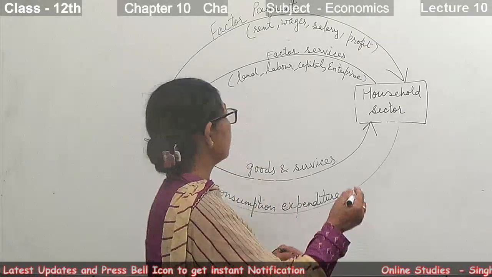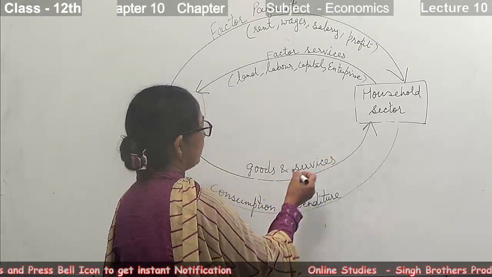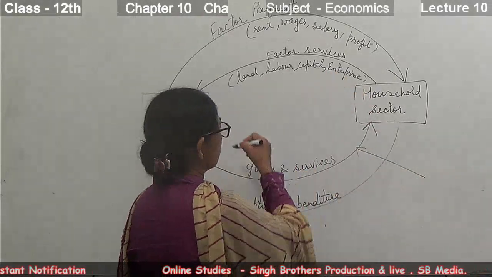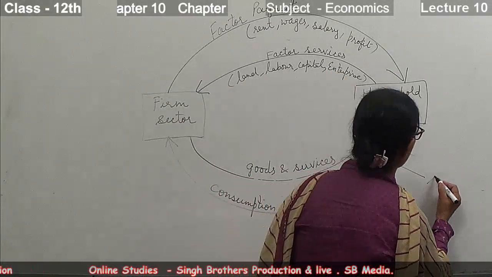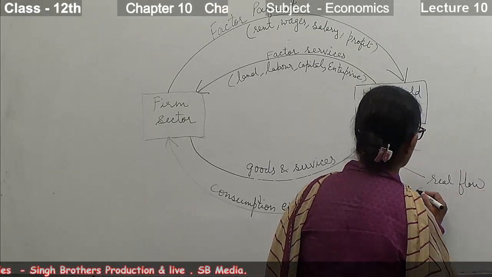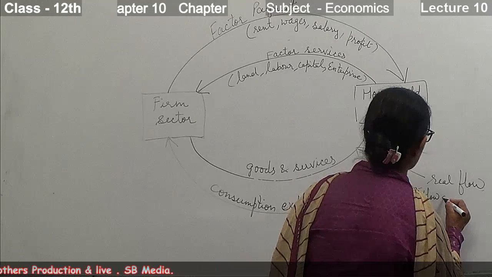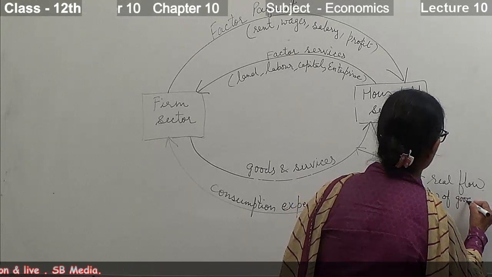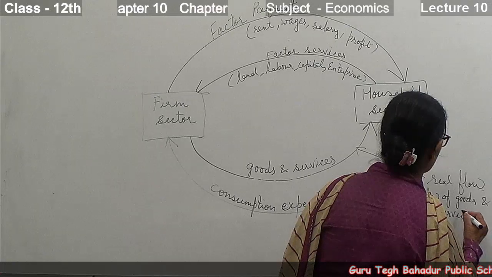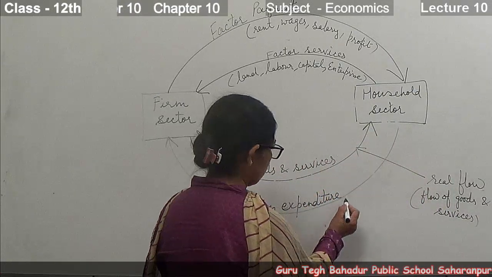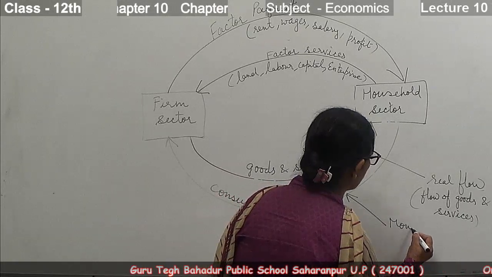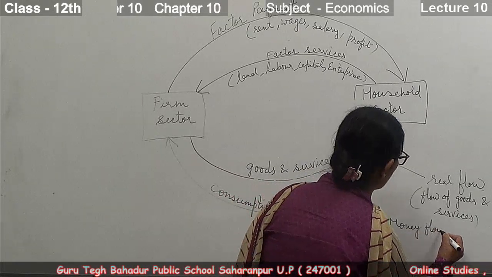So the flow of goods and services is known as the inner circle. जो अंदर का circle show कर रहा है, that is real flow, flow of goods and services, and the outer circle is showing money flow in the form of money.